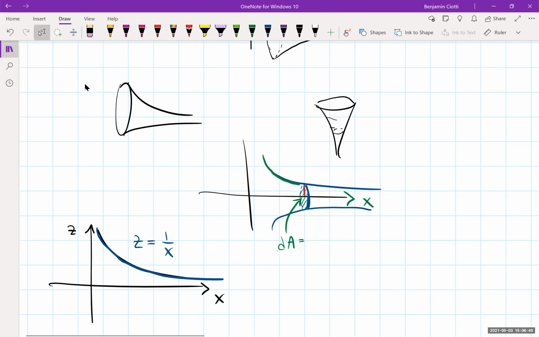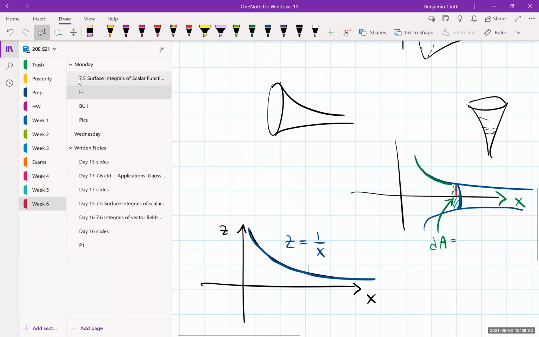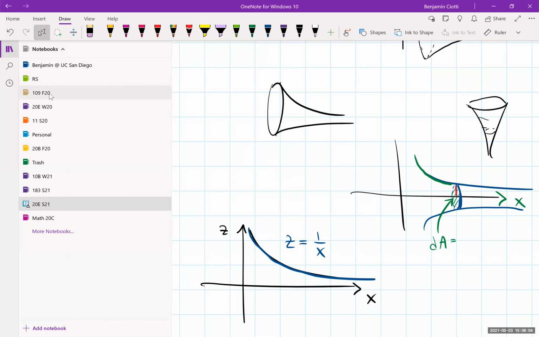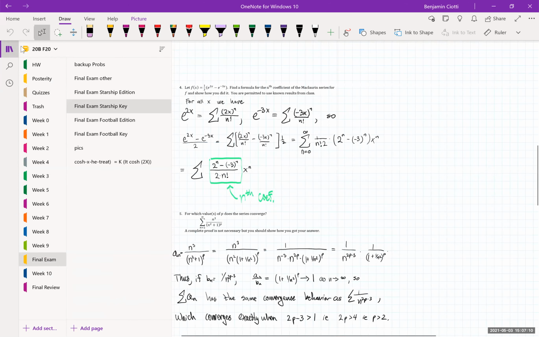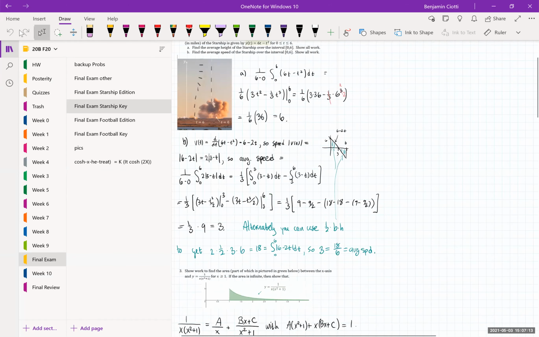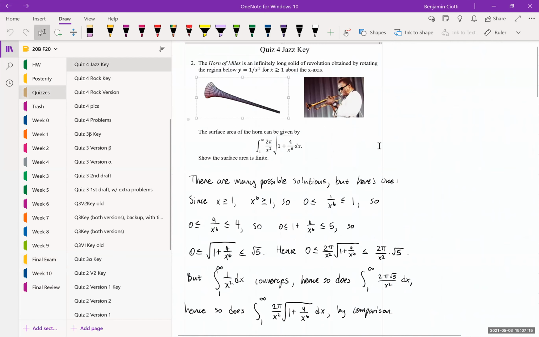Let me show you a 20B problem that I once put on a midterm. Oh, this was on a quiz.